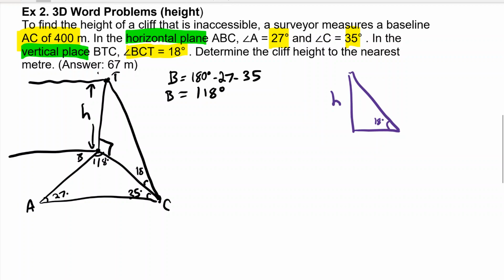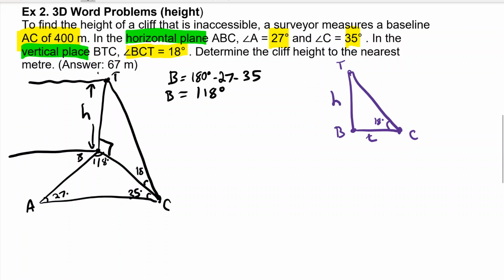I'm trying to figure out what the height of this triangle is, and I need at least one other side in order to find the height of that triangle. I don't have any way of getting the hypotenuse because it's not really connected to anything, but I do have a way of finding this BC side over here. I could find the side little t. Side little t is connected to this horizontal plane triangle over here, and I have all of the angles for this.